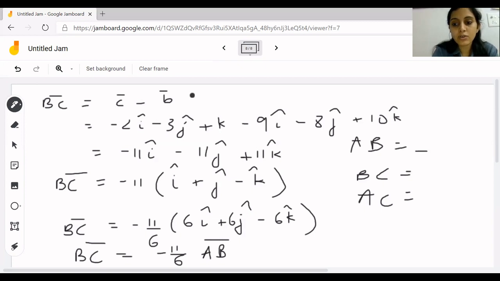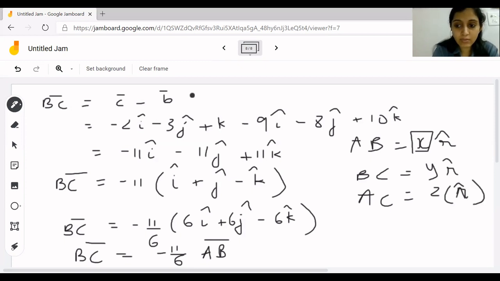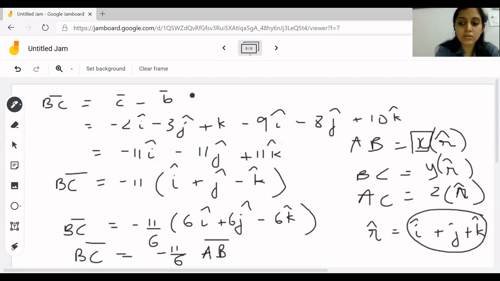So you'll have a constant, say X R cap, Y R cap and Z R cap, where X, Y, Z are scalar constants, and R cap is a position vector that I have considered, that is i plus j plus k. If I consider this, then I can use it to get the scalar multiples of AB, BC and AC. This is the second method to solve the same sum.